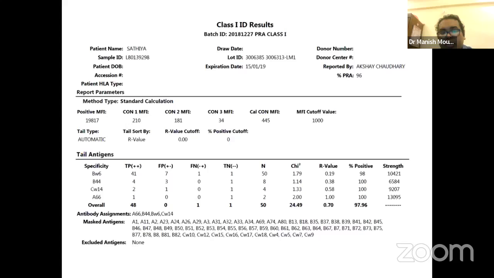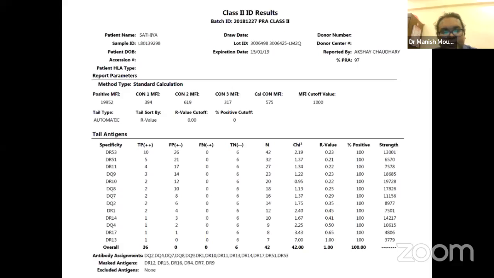But if the donor has B44 antigen, but the patient doesn't have a B44 antibody at all, then we do not need to look at the single antigen data, because the patient doesn't have antibody even at the low level. Low resolution antibody is not present in the patient data matching the donor data. The same reporting, with all kinds of positive, negative and biostats, we are giving from the laboratory. And this is class 2 data.